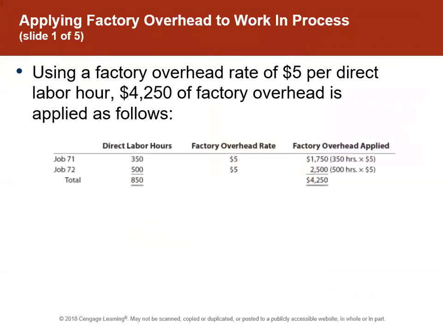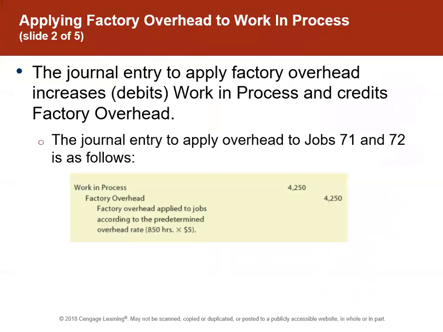So in this case, on the 2 jobs that were completed, we applied factory overhead of $4,250. Applied overhead is the amount that you're debiting to work in process. In our factory overhead account, we put our actual cost as a debit to factory overhead.